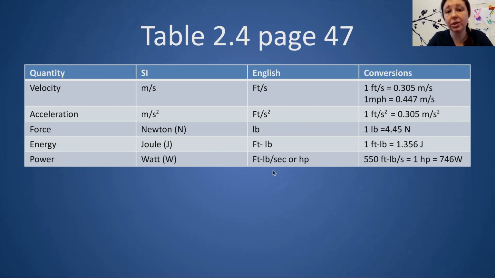We don't really use foot-pounds per second, but we do use horsepower. We like to use it in vehicle transportation because it sounds cool, but it is left over from back when they were trying to sell you a car and what you knew best was a horse.